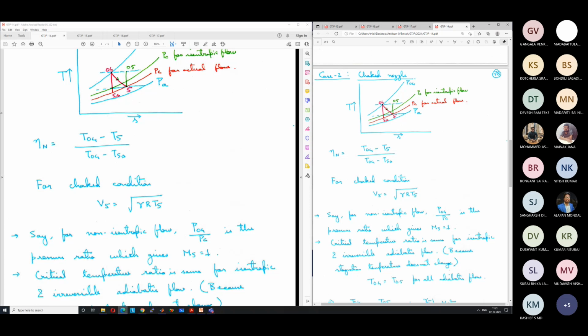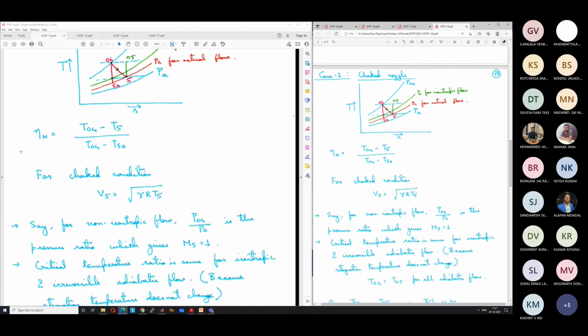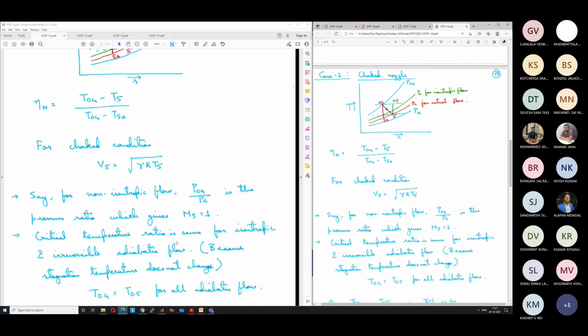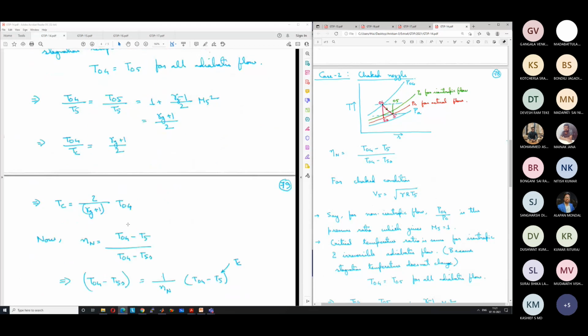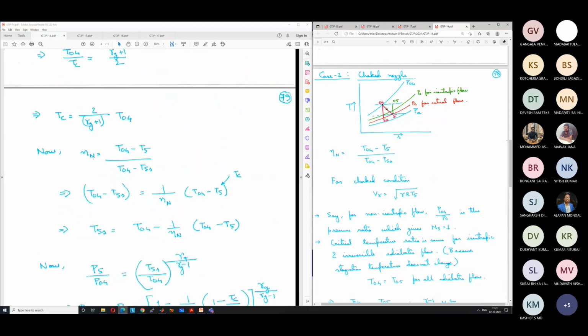The critical temperature ratio is the same for isentropic or adiabatic flow, because stagnation temperature does not change. So these things we have discussed.